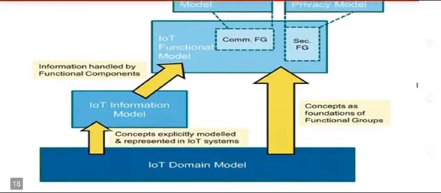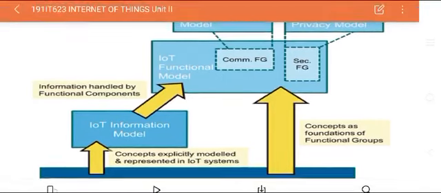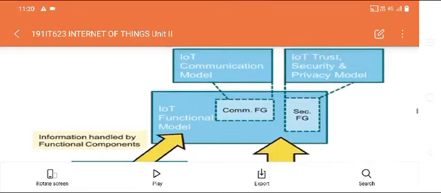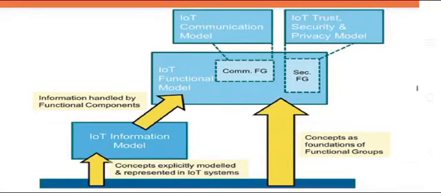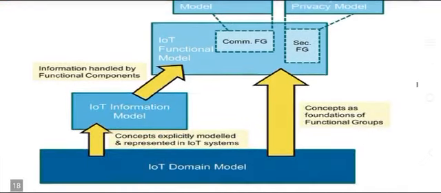There is a main IoT domain model which consists of multiple submodels like the IoT information model and the IoT functional model. The IoT information model is used to handle the information, and the IoT functional model consists of common functions and some secondary functions.